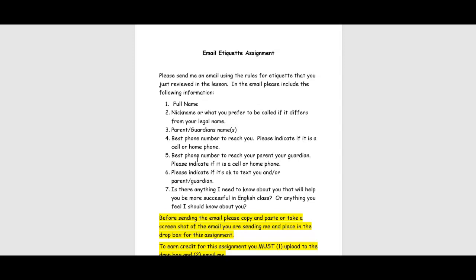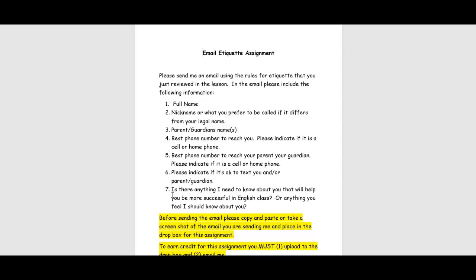Also, if it's okay to text you or not text you, or your parent or guardian, whoever the person is that you listed. And then the last thing is, is there anything I need to know about you that would make you more successful in English class? Or anything you feel I should know about you personally?